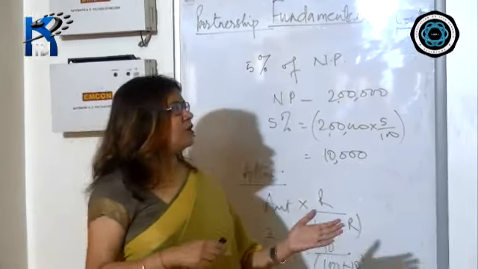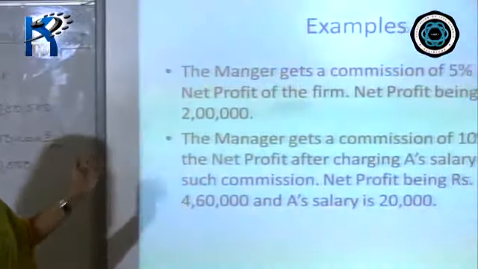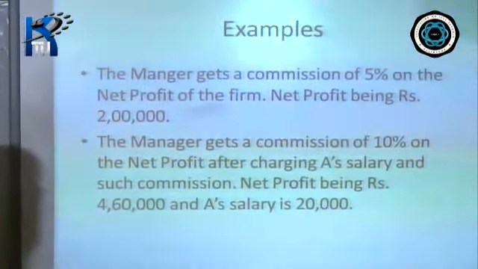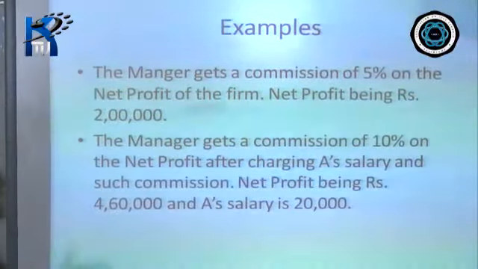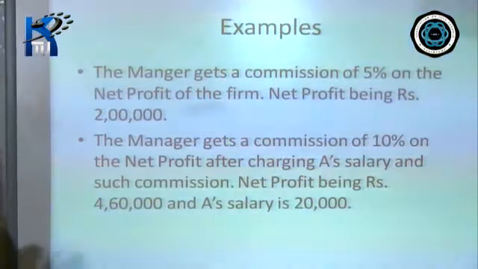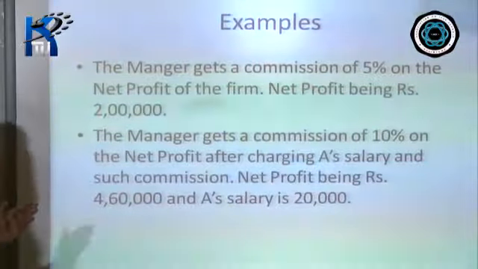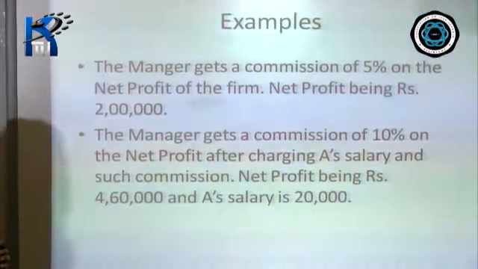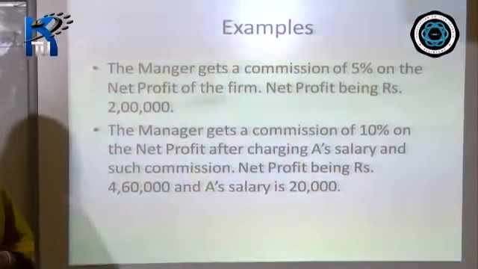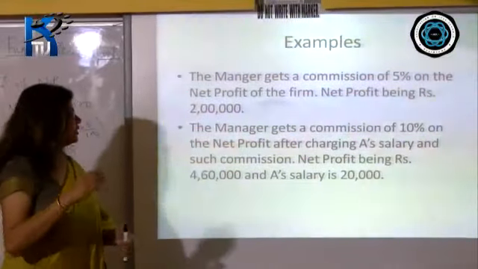Now the second concept: the manager gets a commission of 10% on the net profit after charging A's salary and such commission. Net profit is rupees 4,60,000 and salary is rupees 20,000.